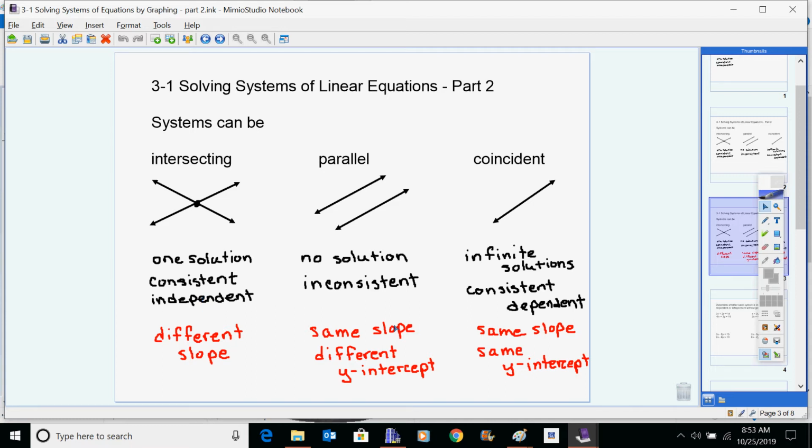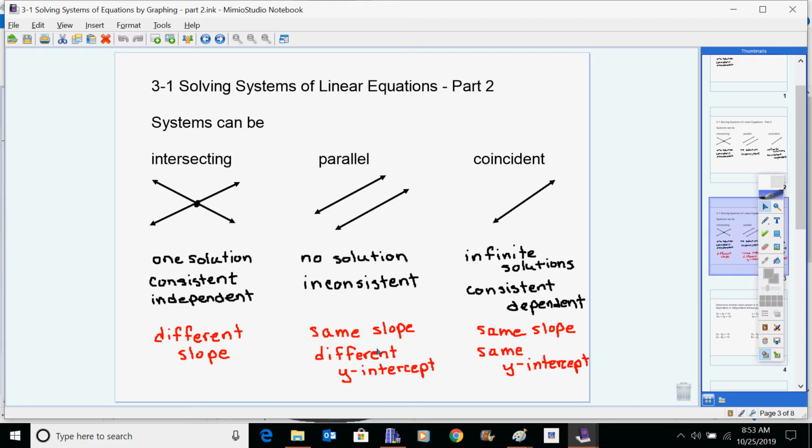If you have the same slope but different y-intercepts, then it's inconsistent, meaning no solution. But if you have the same slope and the same y-intercept, it's really just the same line. It's coincident, which means it's consistent and dependent. So dependent, inconsistent, and independent are the three words we're going to apply to these.